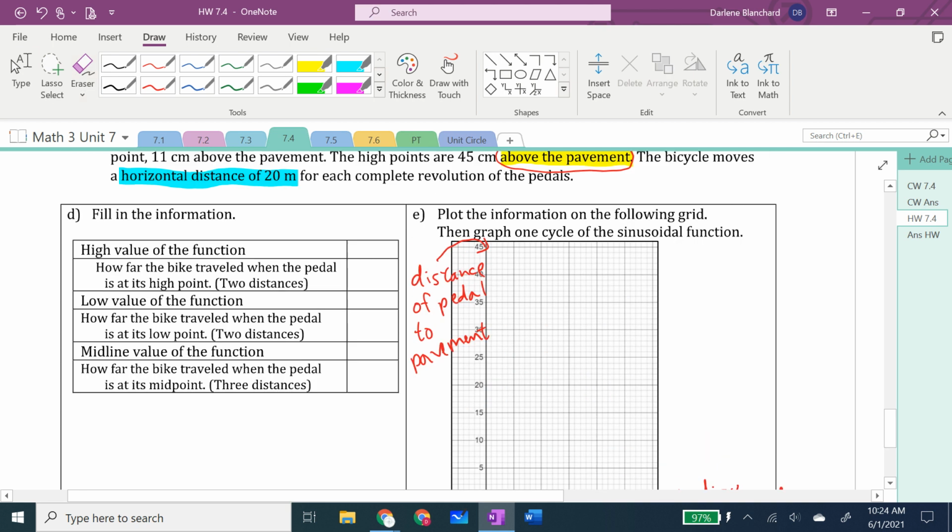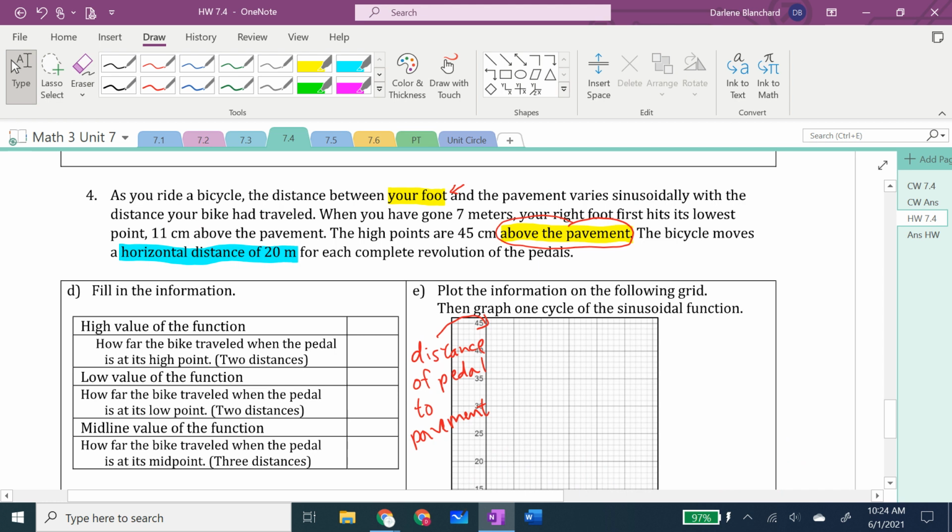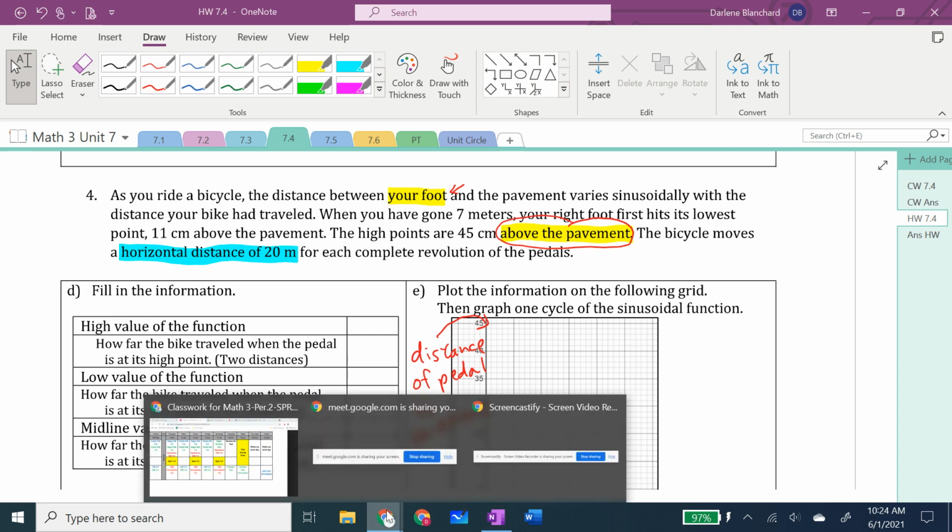So with that sorted, then I'm going to leave you with this problem and see if you can figure it out from there. Okay, I will stop recording.